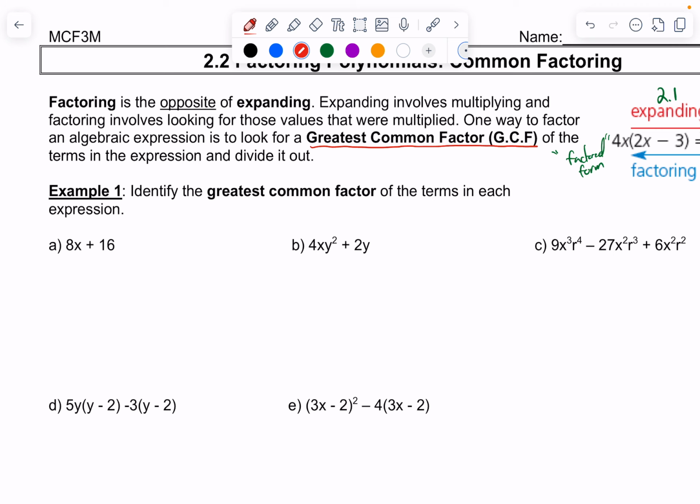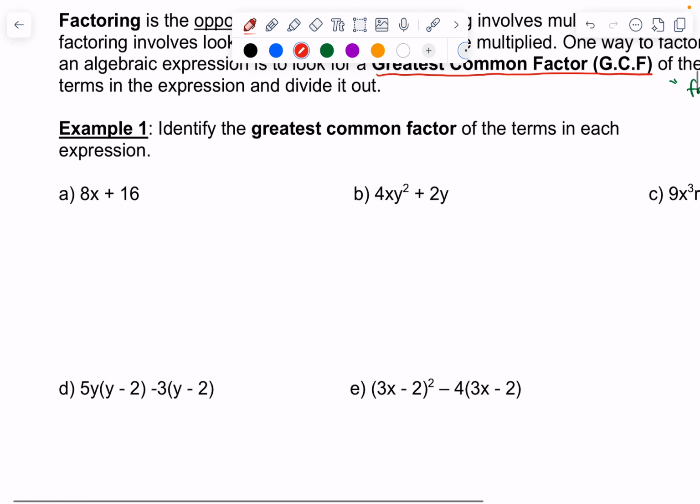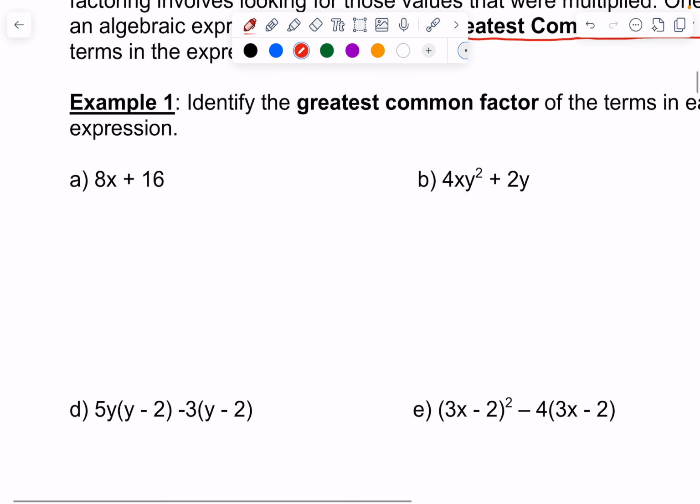So let's do example 1a. When we look at example 1a, we are looking at the numbers, in this case the 8 and the 16. Here we have two terms. And then we look at the variables. Here we have an x, but there's nothing here.